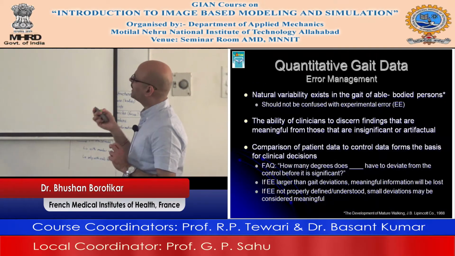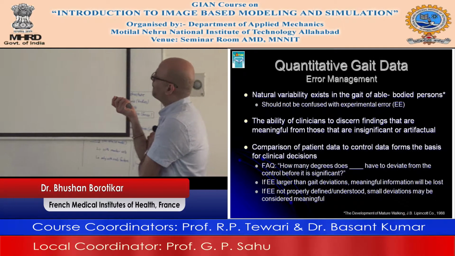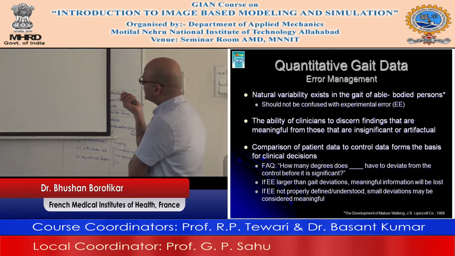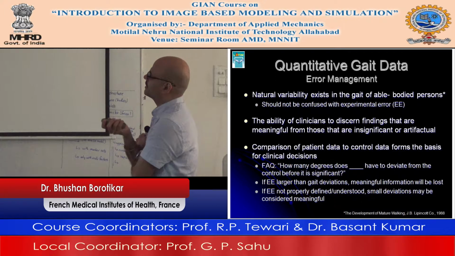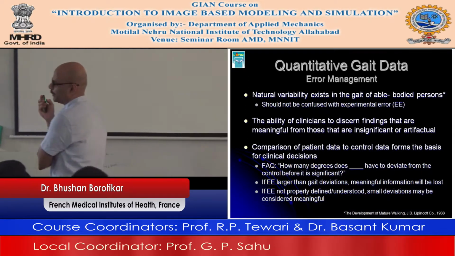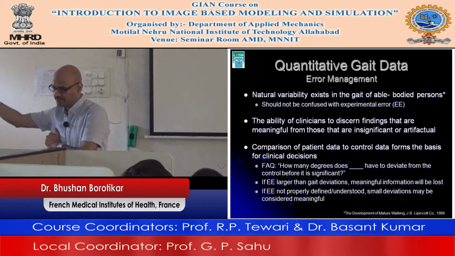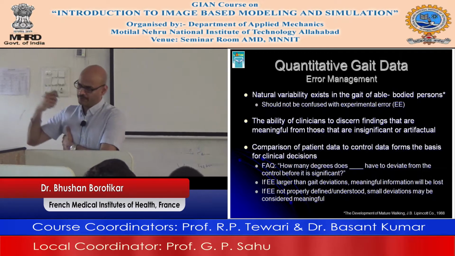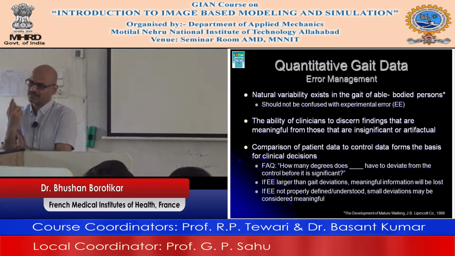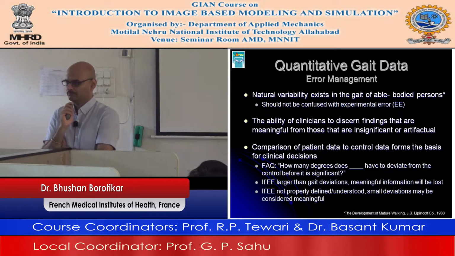So how do you manage error? Natural variability exists in the gait of persons. When you have a robotic arm and you want to move that in a particular fashion, it will always move that way. But if you ask me to walk in the morning, afternoon and evening, I will walk differently.